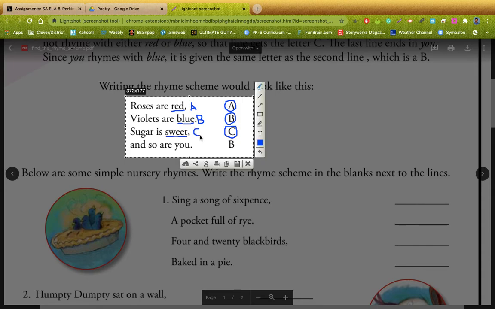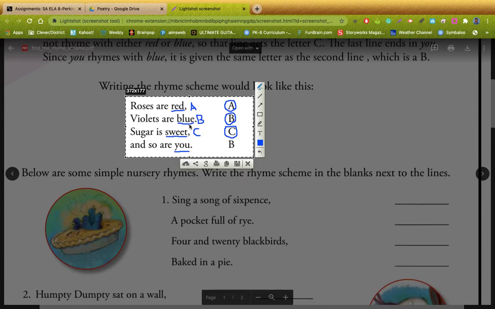Okay, now let's look at the last line. And so are you. The last word is you. Does you rhyme with red? No, so it's not an A. Does you rhyme with blue? Yes, it does.